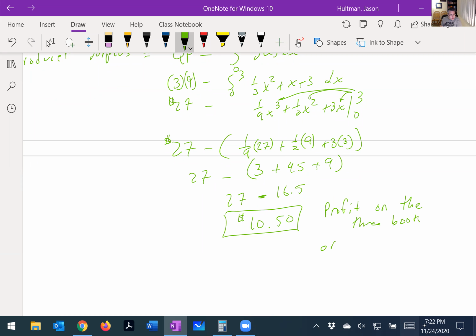Or if we divide that by 3, what are we going to get? What's 105 divided by 3? I should know this. 15 times 7, so 5 times 35. So $3.50 per book.